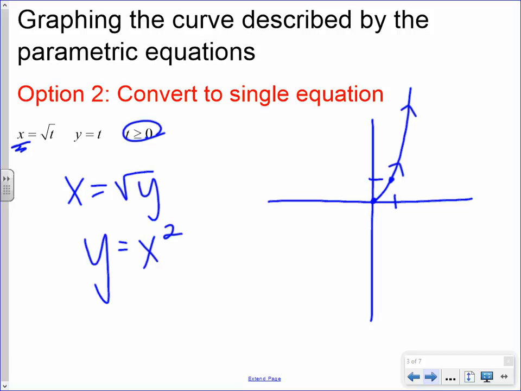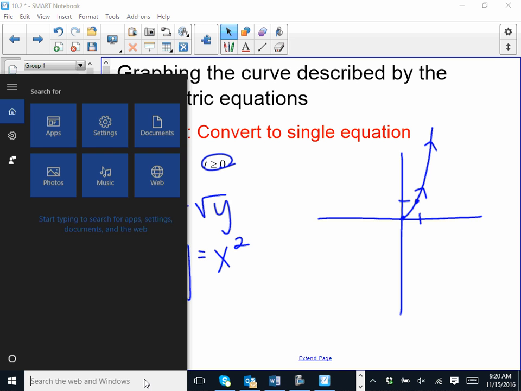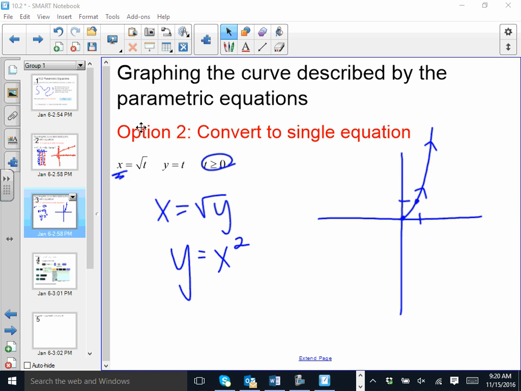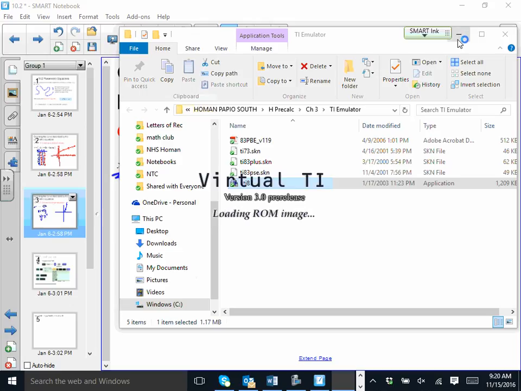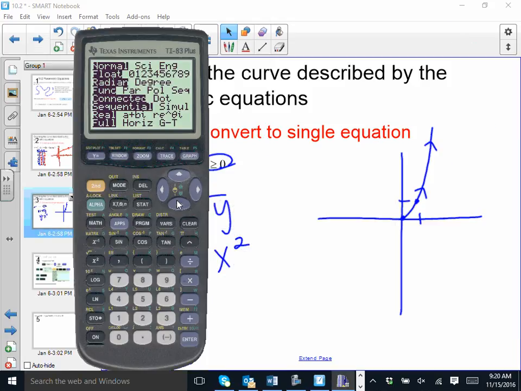Get out your calculators. Let me remind you how to graph parametrically in your calculators. Go ahead and change your mode to parametric instead of function.